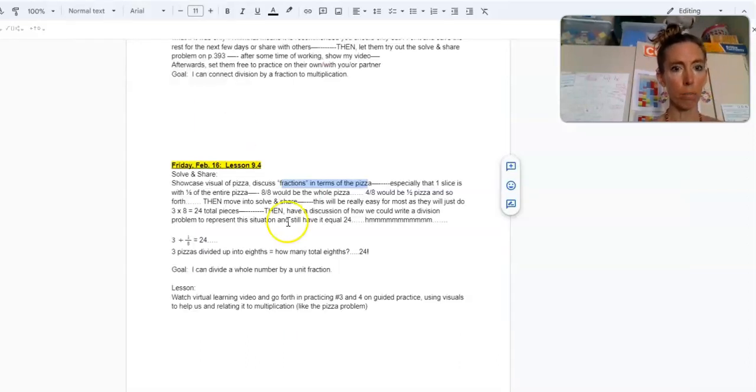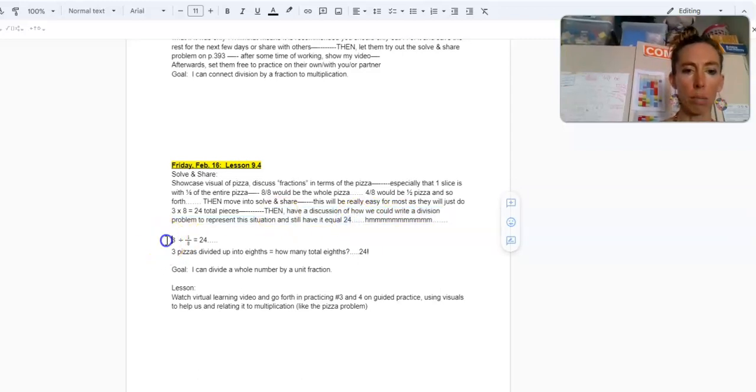The solve and share is going to be easy for them, I said. It's going to be easy for most of them to do. So after they've accomplished that feat and feel good, then I would have a discussion. How could we write this as a division problem that's equal to 24?